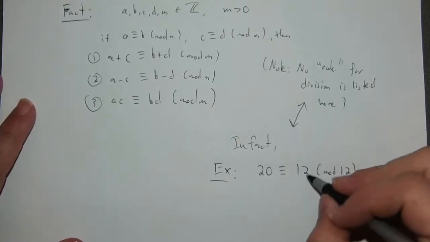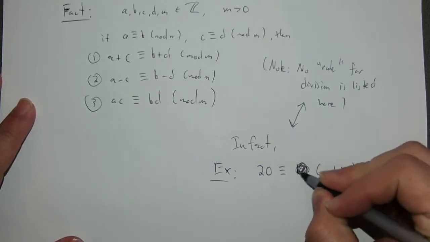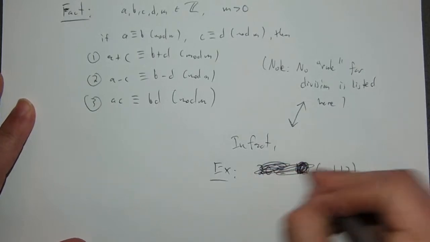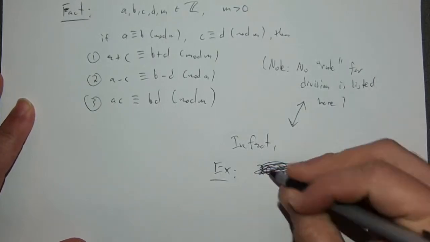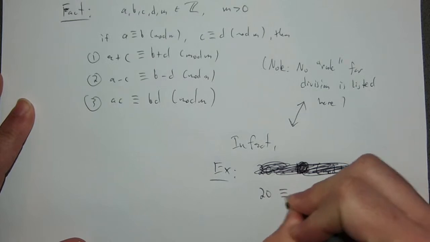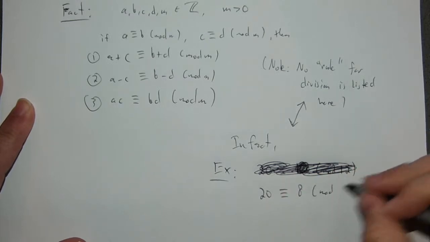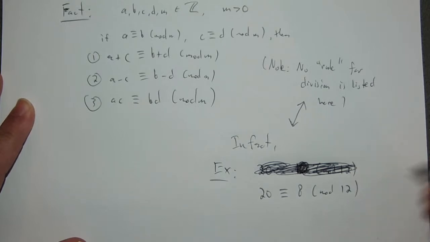Sorry, it's not congruent to 12 mod 12. What am I saying? 20 is congruent to 8 mod 12. Here, I'm going to redo that. So 20 is congruent to 8 mod 12. If 20 were congruent to 12 mod 12, it would be divisible by 12. It would be congruent to 0 mod 12. So 20 is congruent to 8 mod 12.